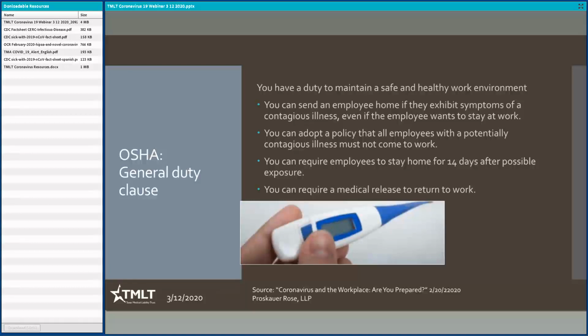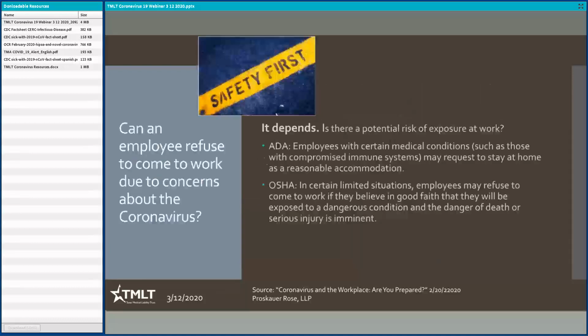We've had some questions about OSHA as it applies to the coronavirus. You have a duty to maintain a safe and healthy work environment. You can send employees home if they exhibit symptoms of a contagious illness, even if the employee wants to stay at work.